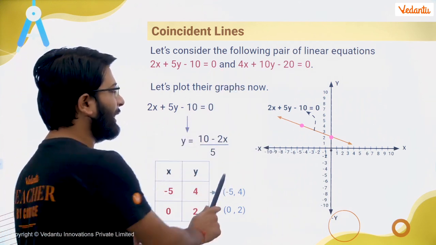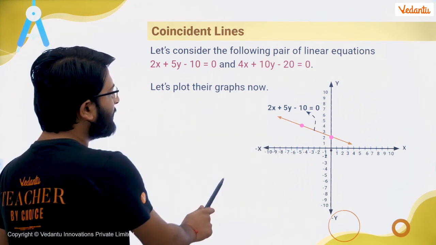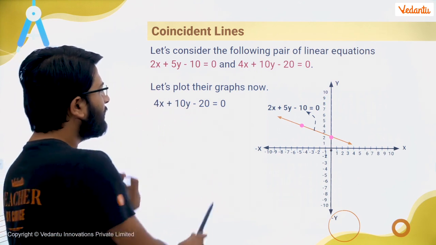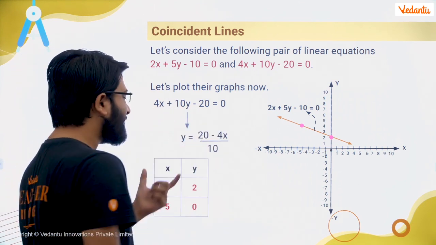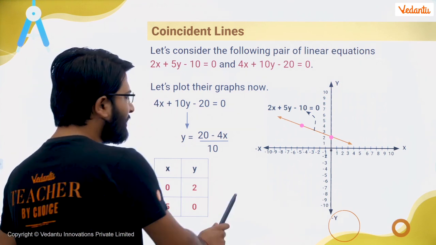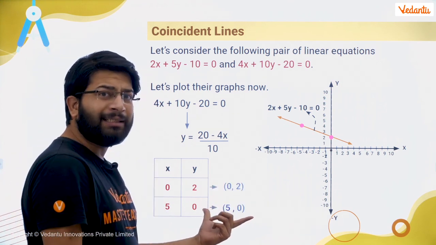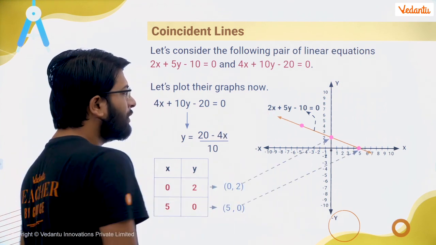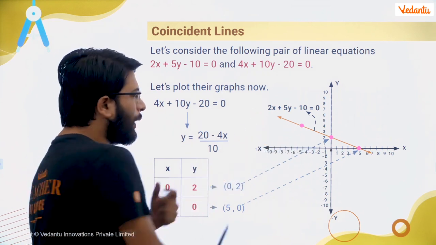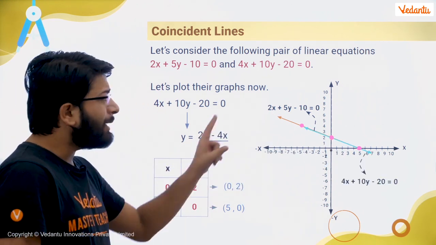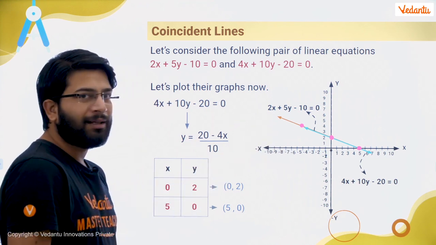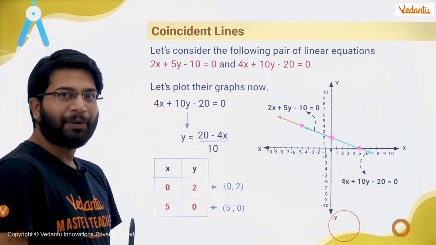Same for the second. Again, y in the form of x, then take the values of x and y randomly, and represent these points on the graph. Again, you get 2 points. Join these 2 points and you will get a straight line. Now try to see, these two lines are getting overlapped, right?